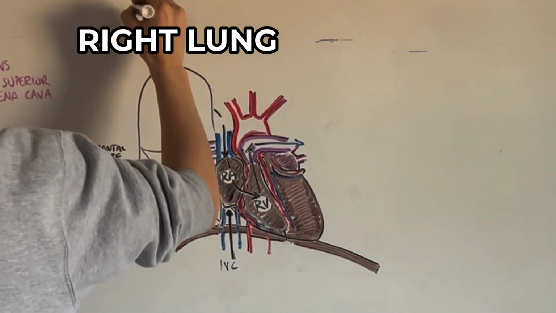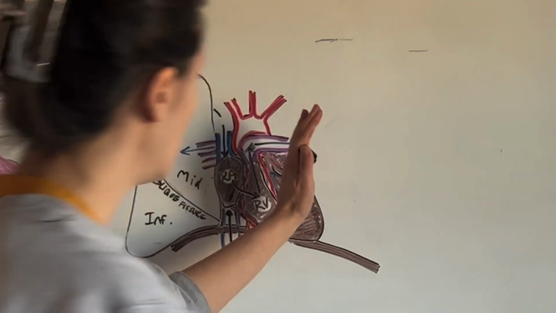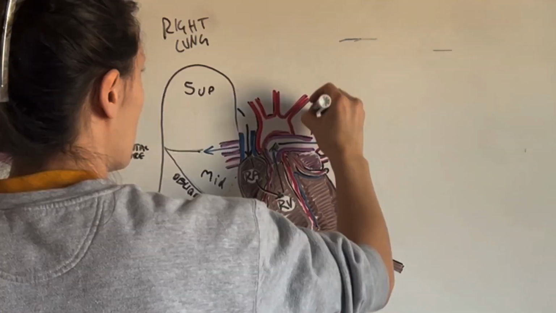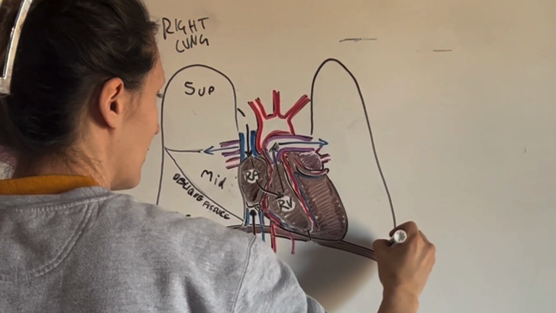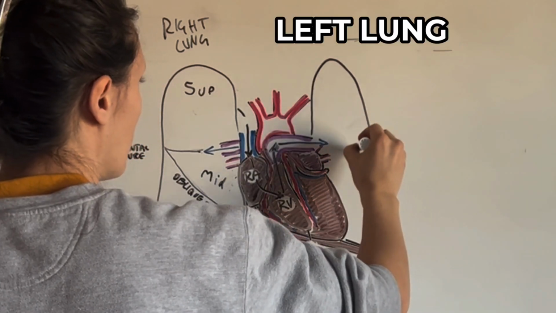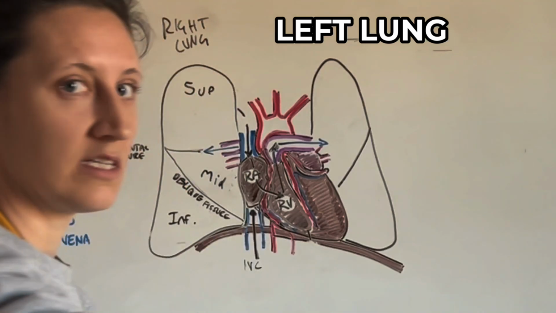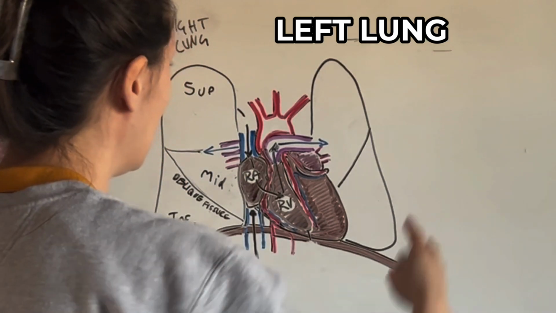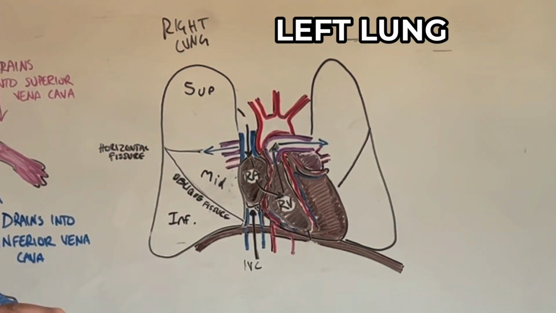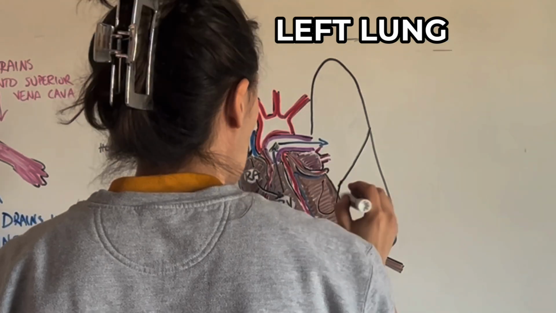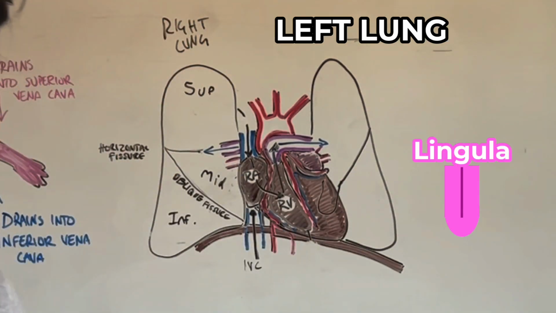What lung? Right lung. What about the left lung? Well, it's going to cover up the heart a little bit. We're not going to do it exactly right. It's a little smaller. It's got 1 fissure, and on one of its lobes is a little tongue that licks the heart. That's how I think about it. So we've got this tongue called the lingula.